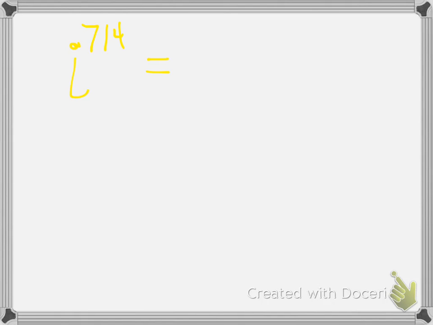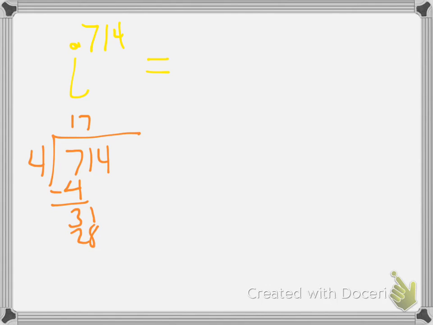Well, since it cycles every 4, what I could do is divide 714 by 4 and then see what happens. 4 goes into 7 one time, so this is 4. Subtract, you get 3, then it goes in there 7 times, there's 28. Then subtract, get 3, 34. This is 8 times, and 32, and subtract, and we get a remainder of 2. And that's the key part to this, the remainder of 2.